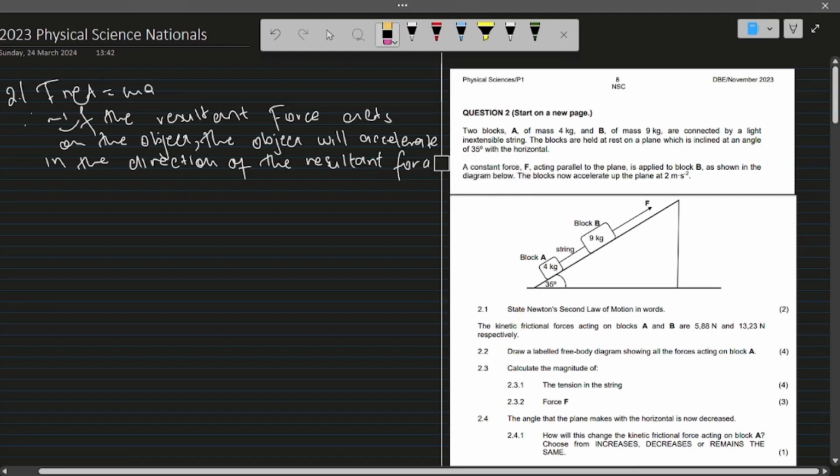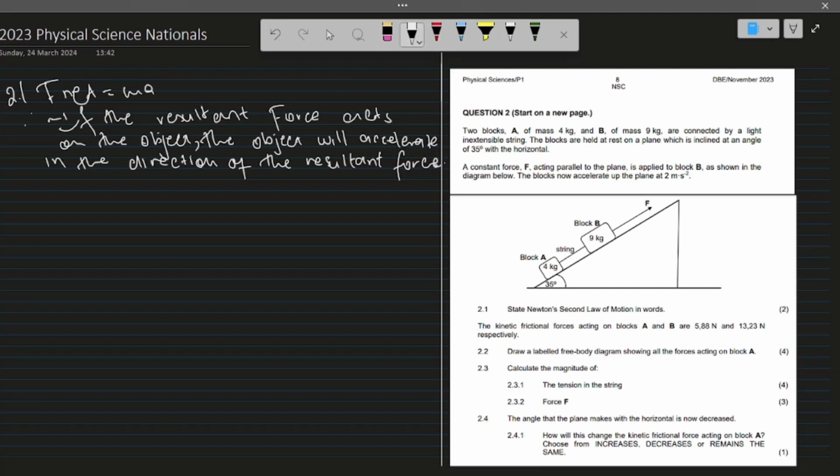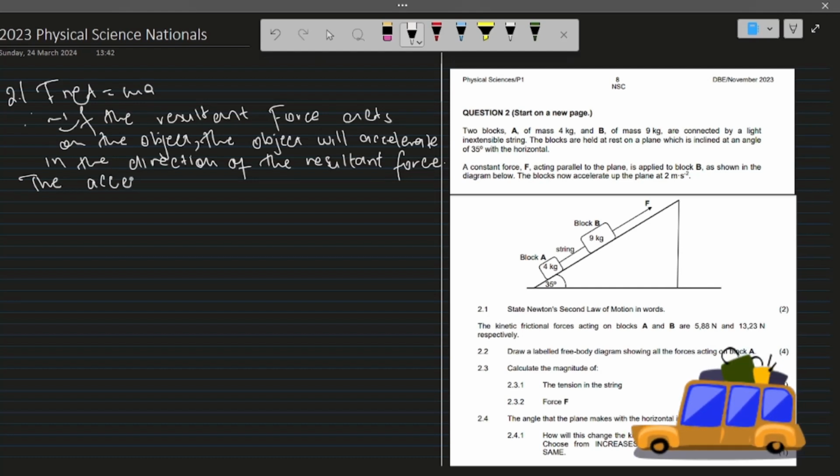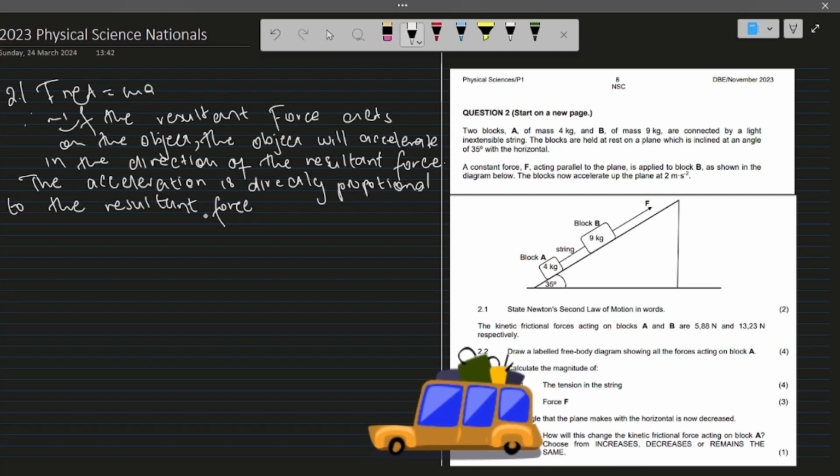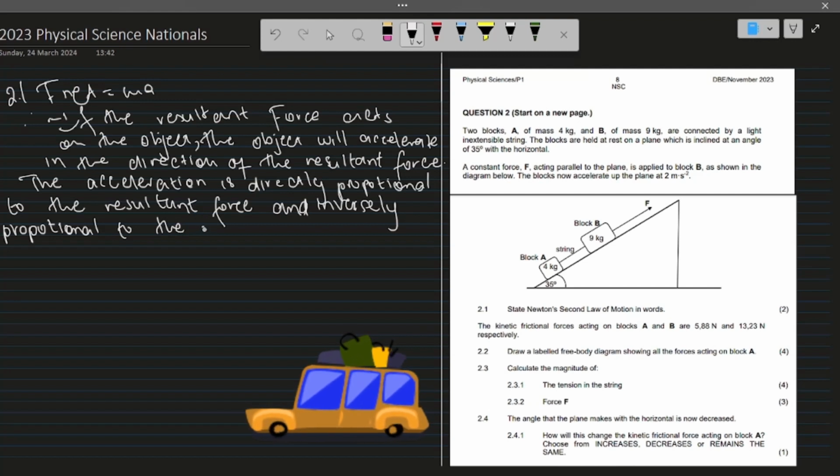It says that the acceleration is directly proportional to the resultant force and inversely proportional to the mass of the object.